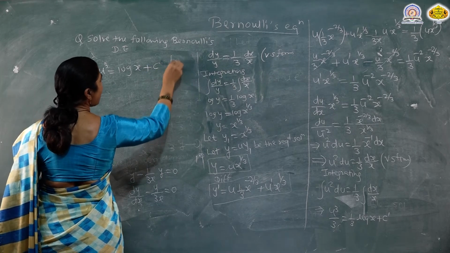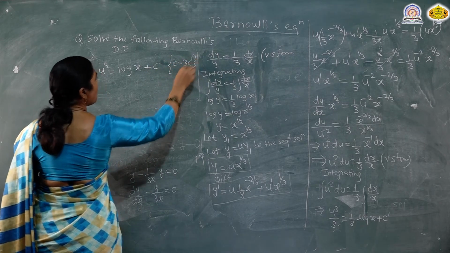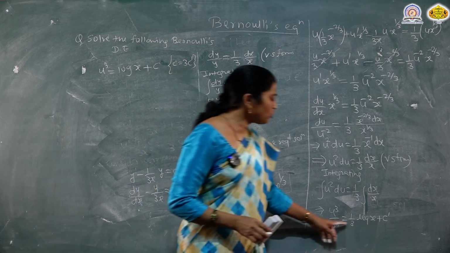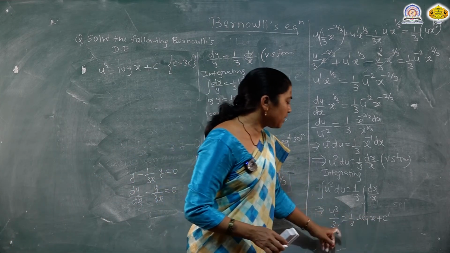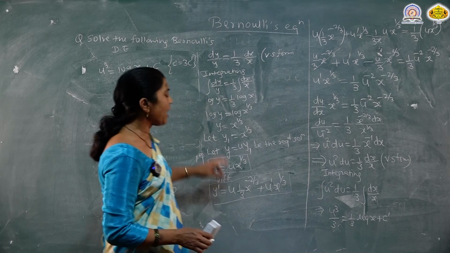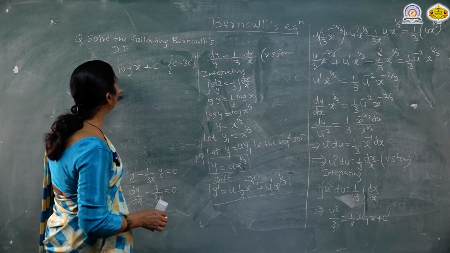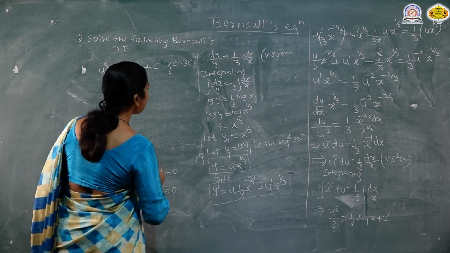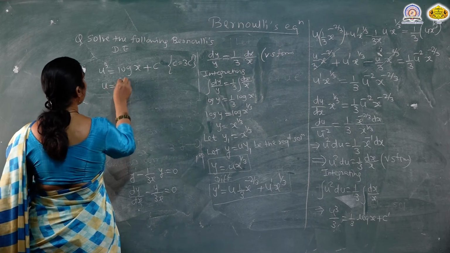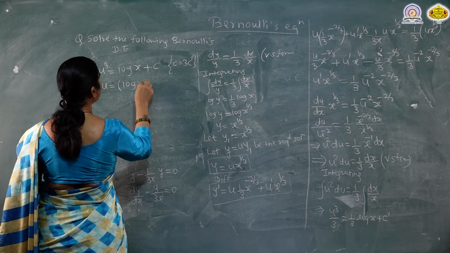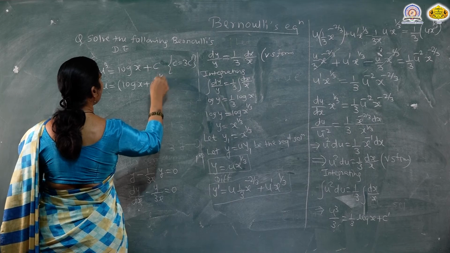I will take c as constant plus 3c dash. So multiply throughout by 3, we get the constant 3c dash, assume it to be equal to c. So we get u cube is equal to log x plus c, or u is equal to (log x plus c) raised to 1 by 3.